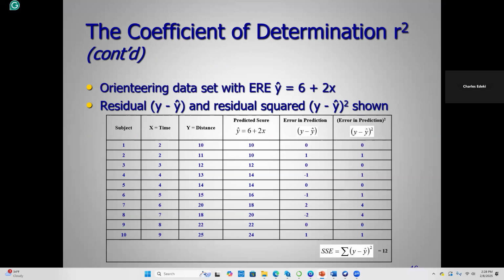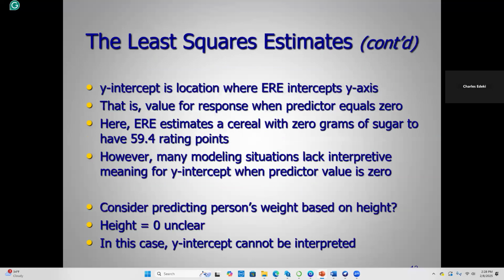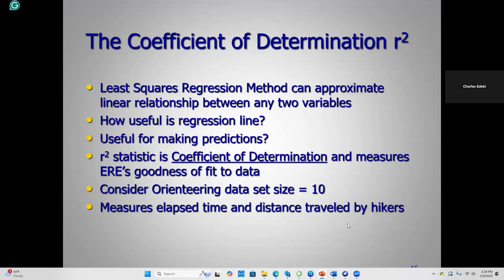After we know the slope, let's make sure we are on the same page. This is the formula we are using. I find B0, I find B1, then I can write down the equation. So it will be 59.4 minus 2.42x equal to y. That's what we are doing here.